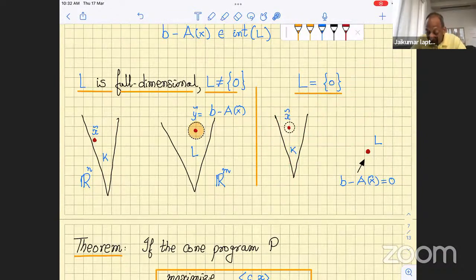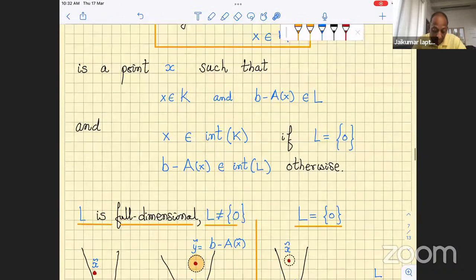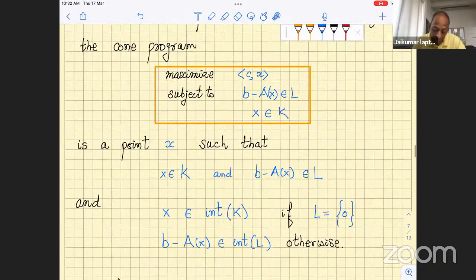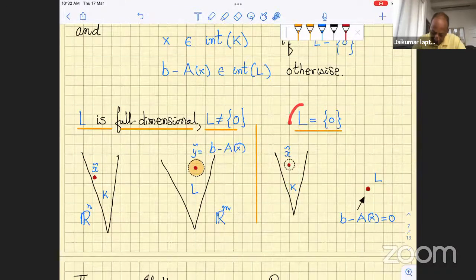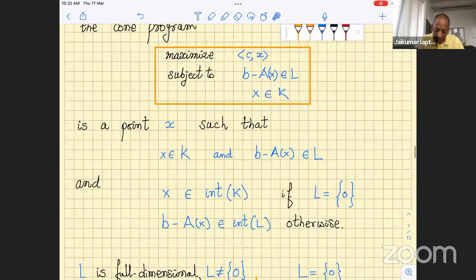In that case, we don't have an interior point. So if L is not 0 and L is somehow such that it doesn't even admit an m-dimensional ball inside it, then our theorem is not applicable in that case.